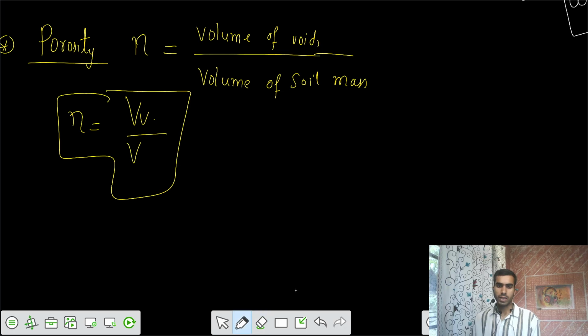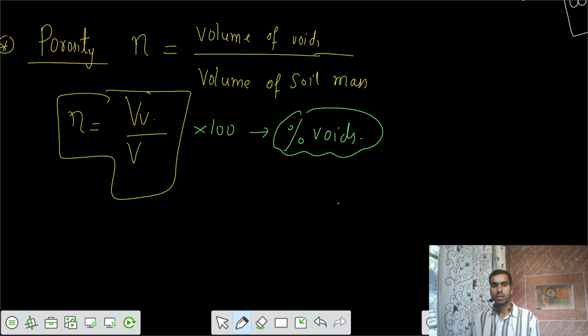If I multiply it by 100, I can write it as percentage voids. This is how much percentage of the total volume of the soil is voids.